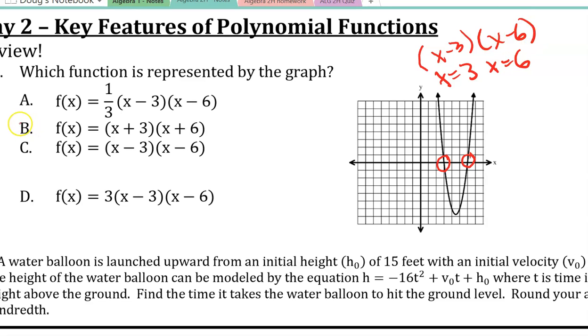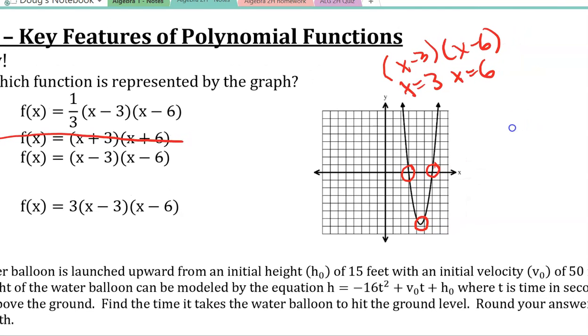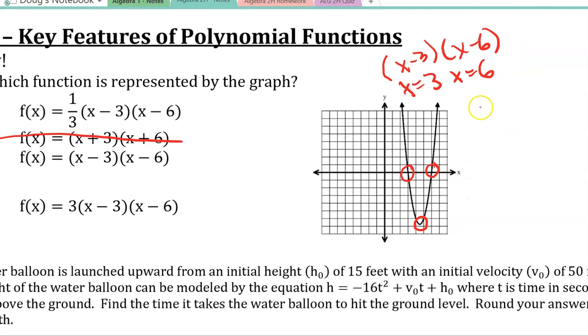So we can eliminate b right away. The next thing we see is our vertex. Well, we can find our x value for our vertex by taking the average of 3 and 6. That gives us 4.5. That is our axis of symmetry and our x value for our vertex.